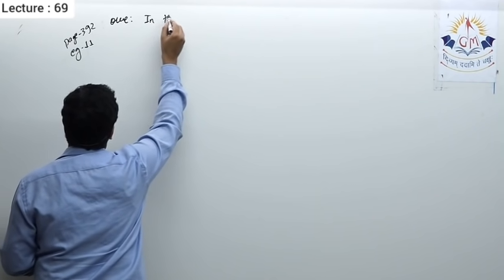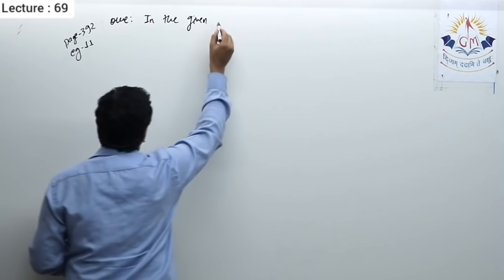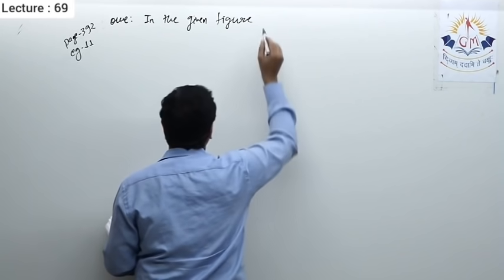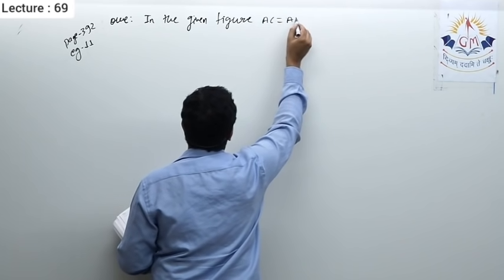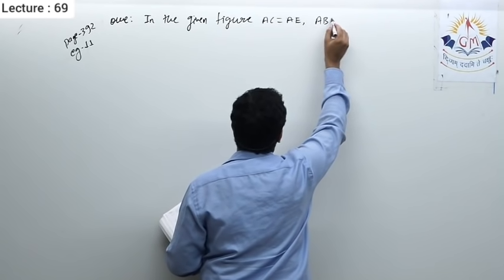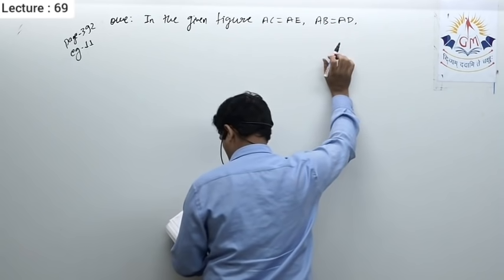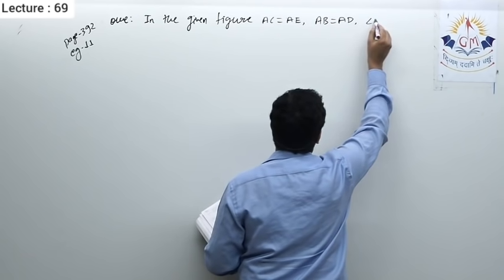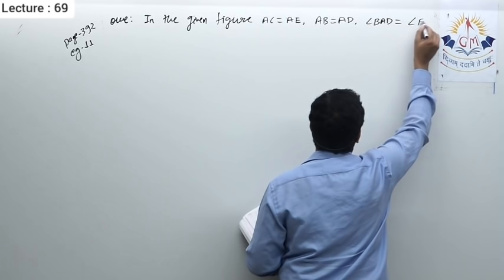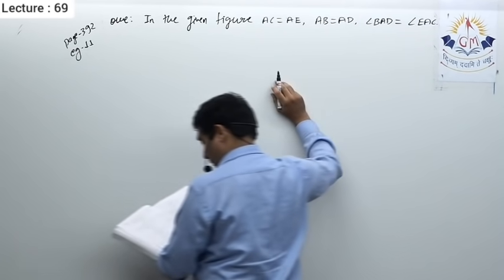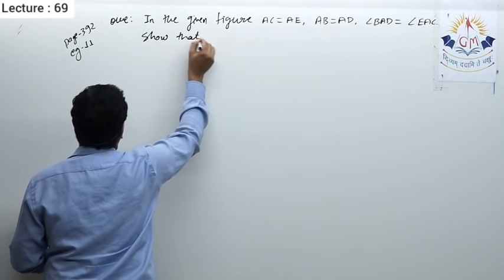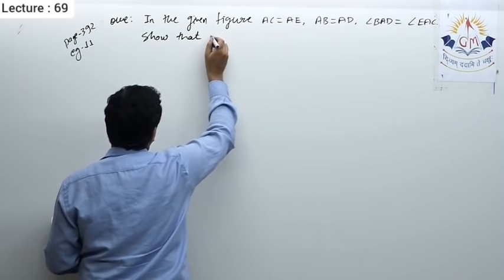In the given figure, AC equal to AE, AB equal to AD, and angle BAD is equal to angle EAC. Show that or prove that BC equal to DE.